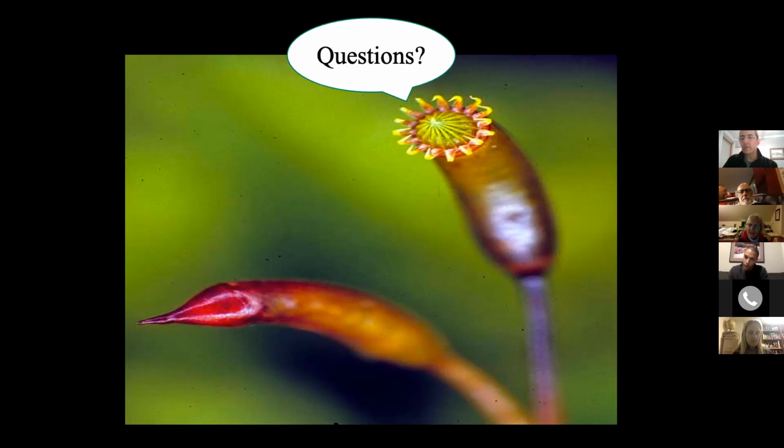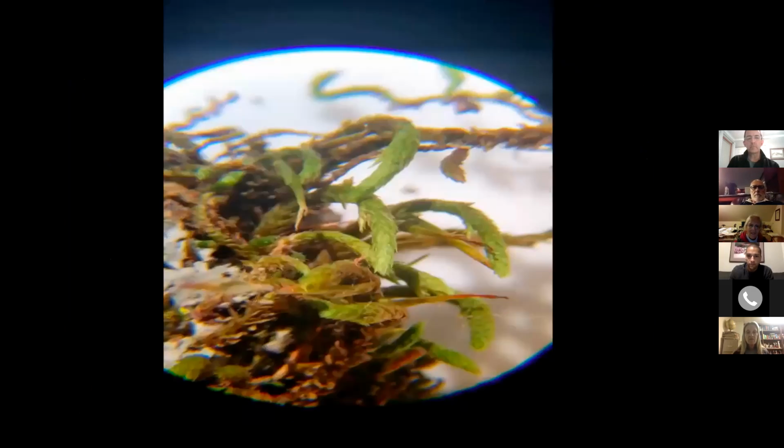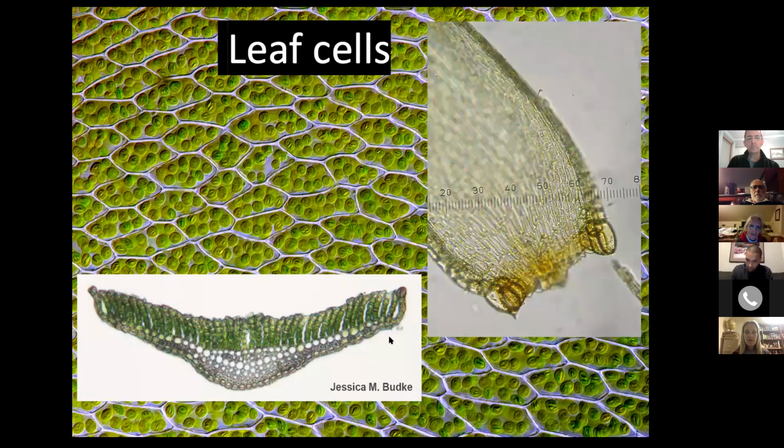Good question. Let me just go back to it real quick. So, the question about the alar cells, in this picture here, it's this swollen cell at the bottom, at the base of the leaf. You can see it's much, much larger than the other cells around it.